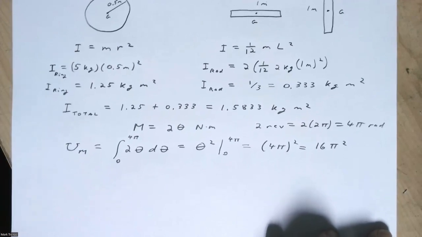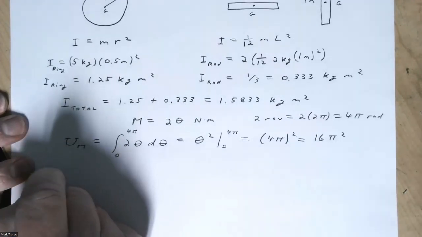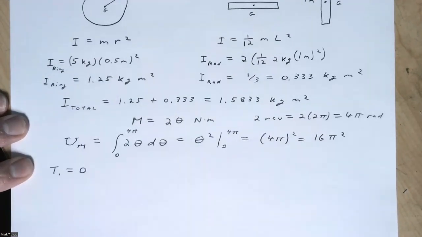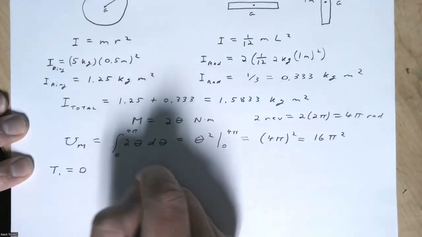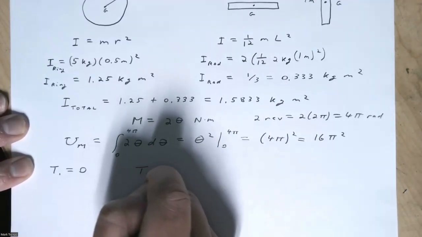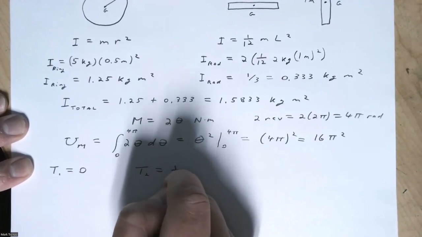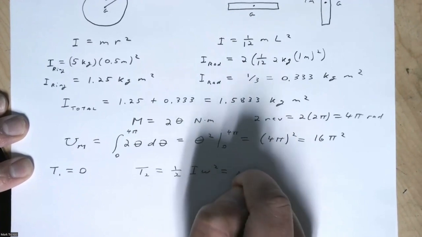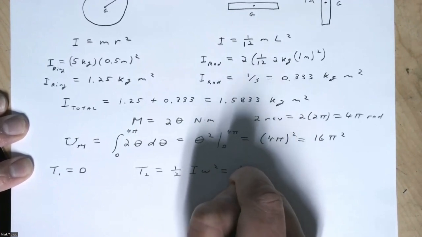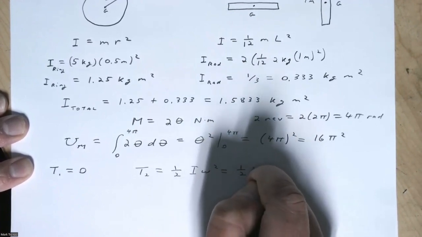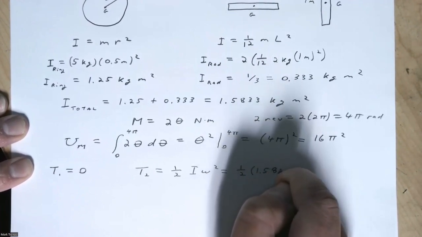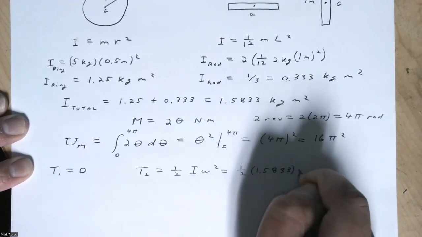And T1, initially, is 0 velocity. T2 is 1/2 I omega squared, 1/2 of 1.5833 omega squared.